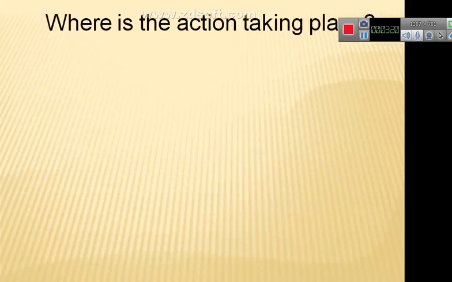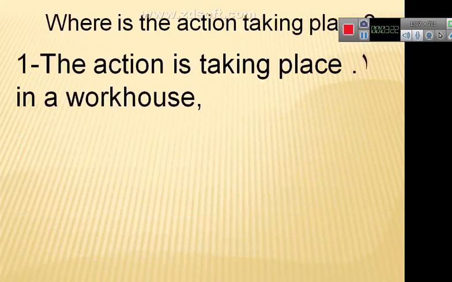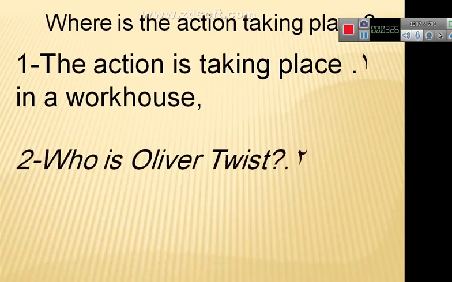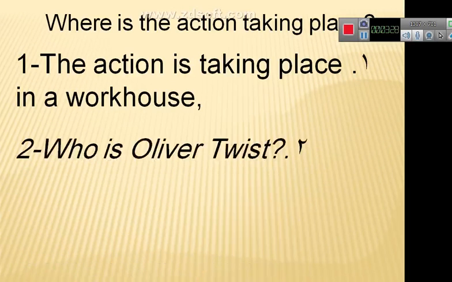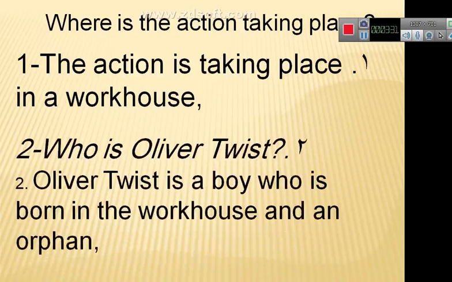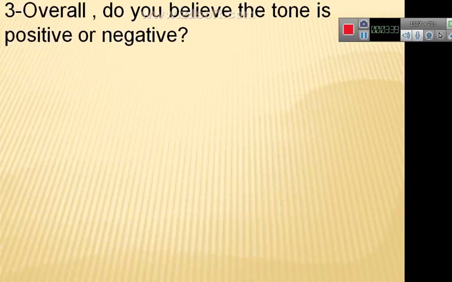Question number 1, where is the action taking place? As we know, the action is taking place in a workhouse. Number 2, who is Oliver Twist? Oliver Twist is the boy who is born in the workhouse and an orphan. Number 3, overall, do you believe the tone is positive or negative?